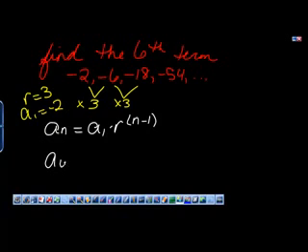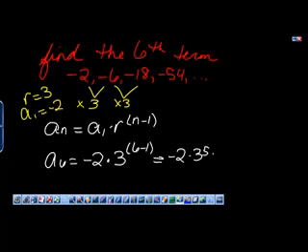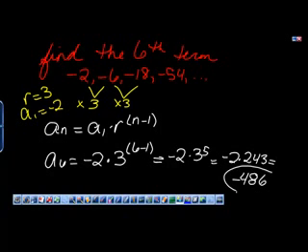We want our sixth term, so we'll take our first term, our common ratio, and 6 minus 1. And here we have our sixth term, -486.